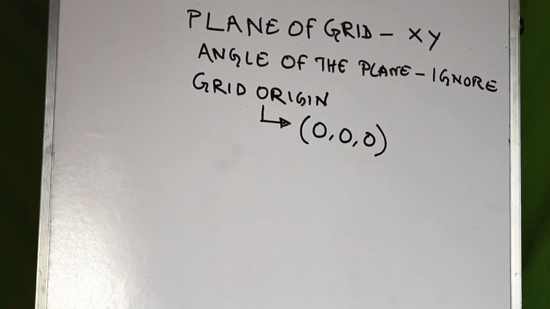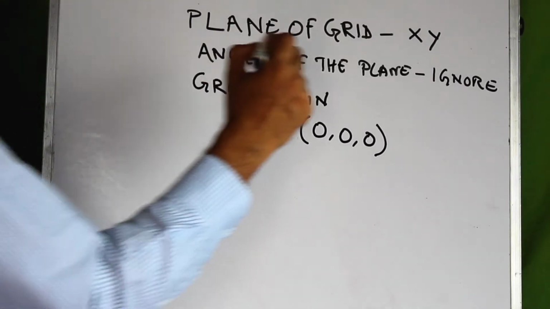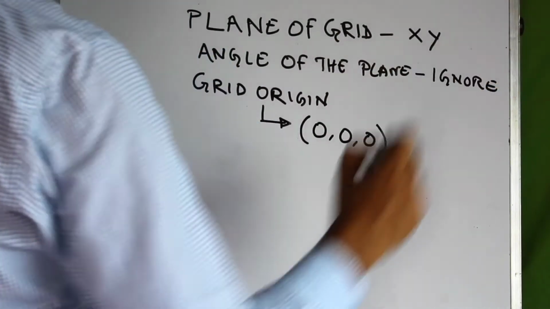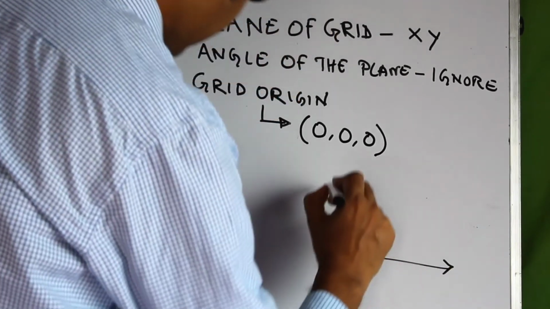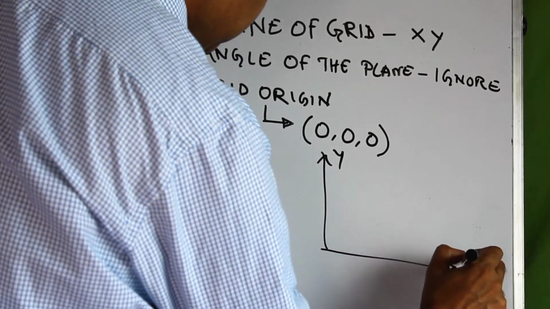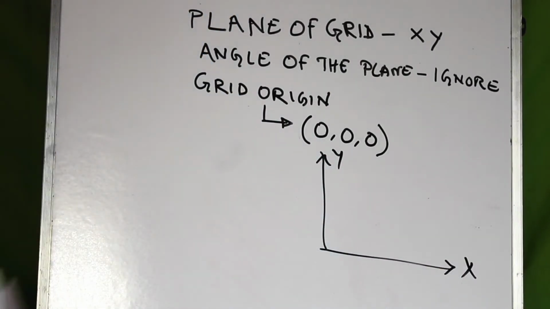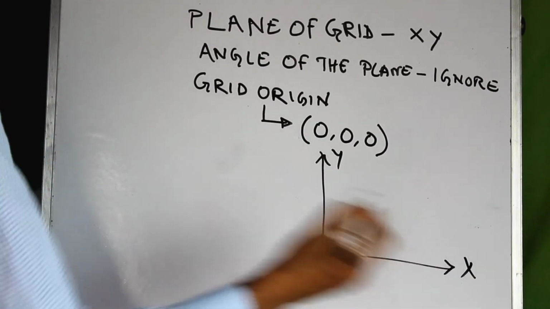The next thing that we need to define is the number of divisions. Now since we will be defining this grid in the XY plane, so if this is x and this is y, we need to define the number of divisions of the grid along the x-axis.